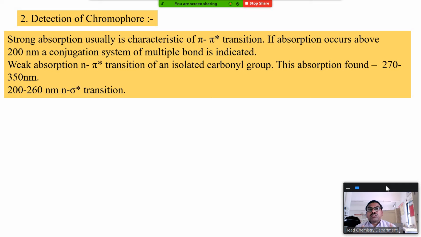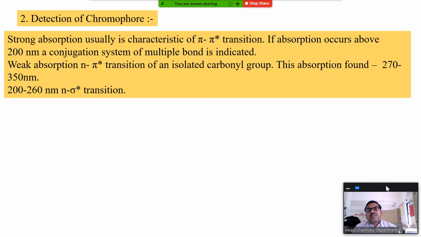When such a system is involved in the organic compound, it shows different kinds of transitions: n to pi star transition, pi to pi star transition, n to sigma star transition, and sigma to sigma star transition. All these four transitions occur in organic compounds.